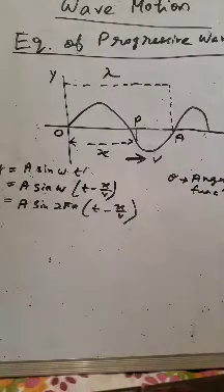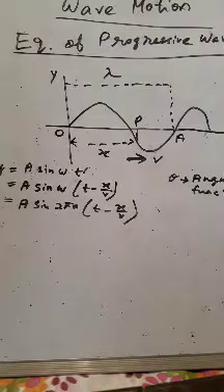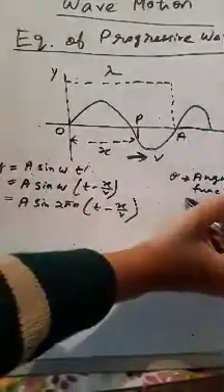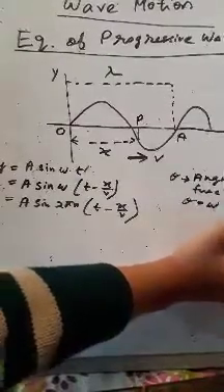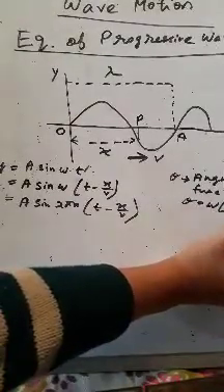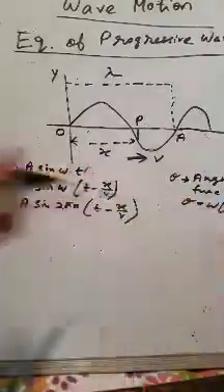So how can we express the value of theta? We can write theta equals omega within bracket t minus x by v.